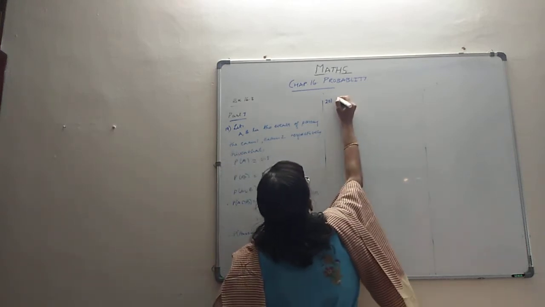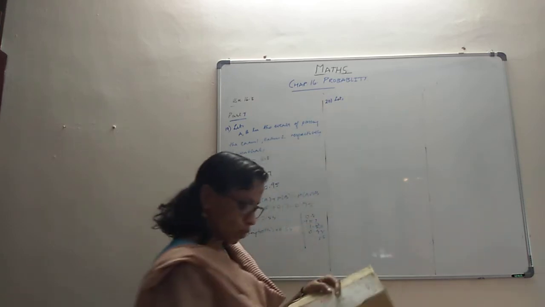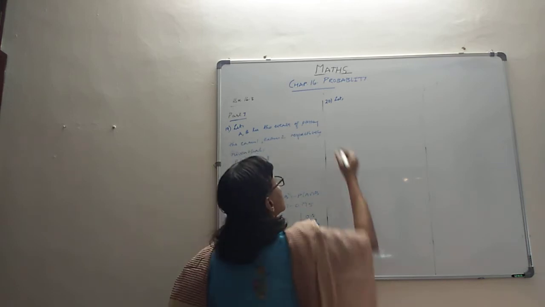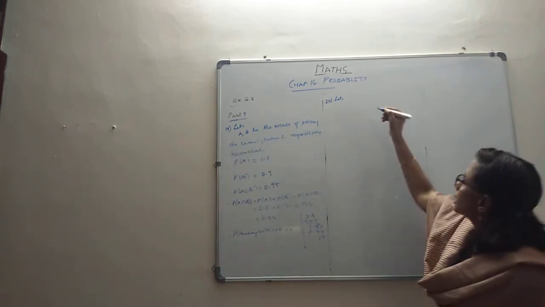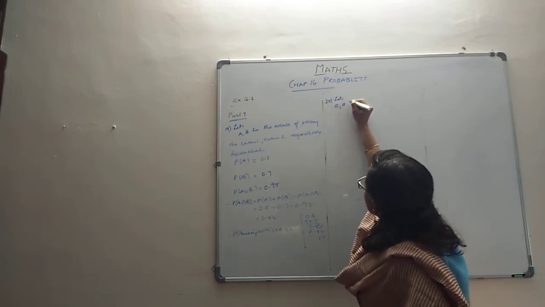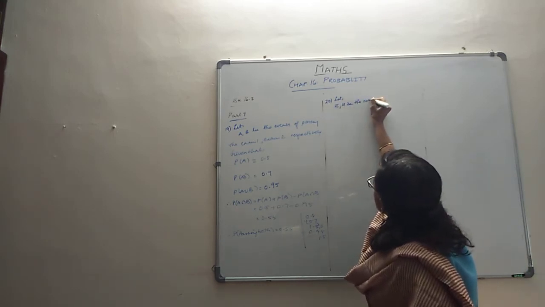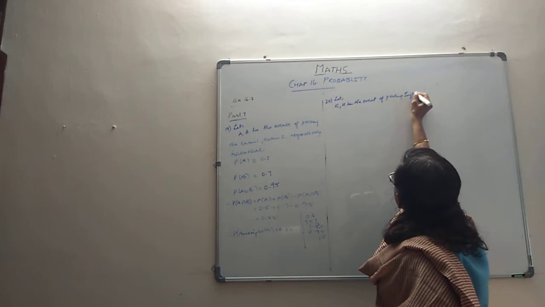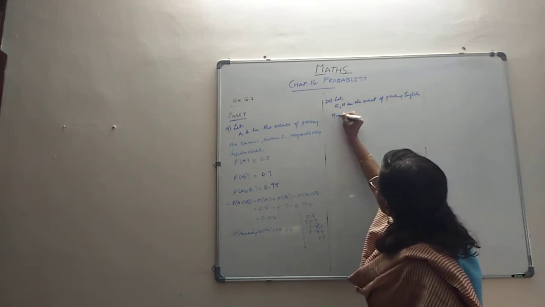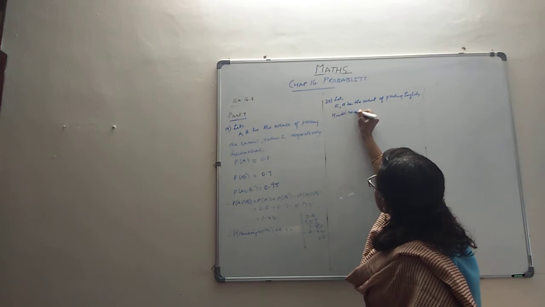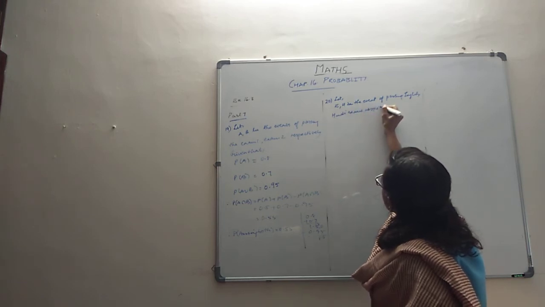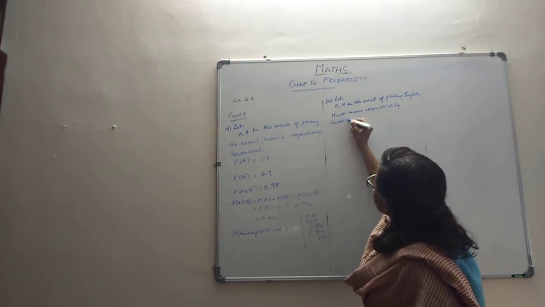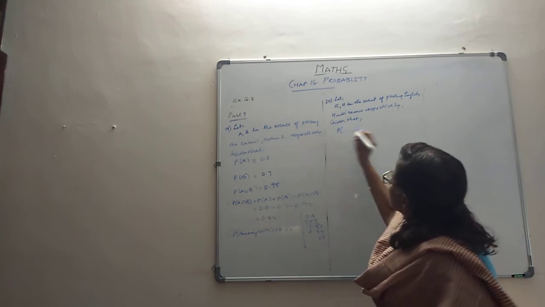So let's write this. What all are they? They are English and they are Hindi. So let E, H be the events of passing English, Hindi exams respectively. Given that, what all is given?